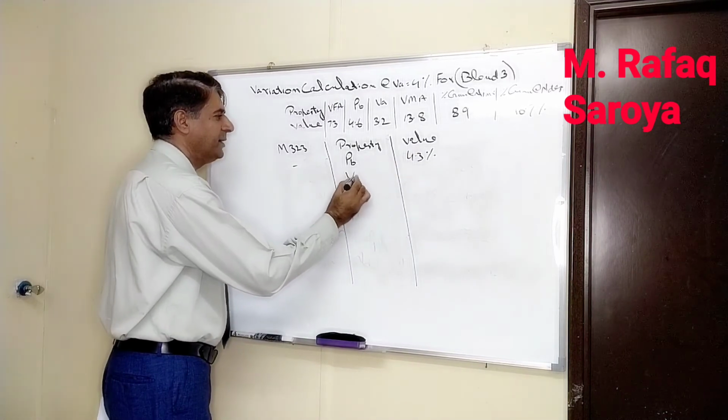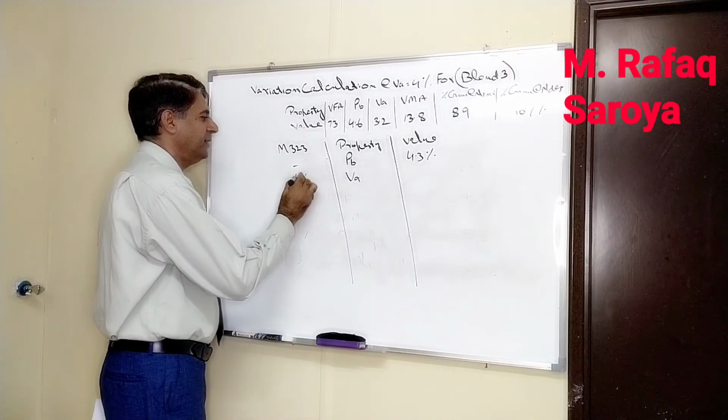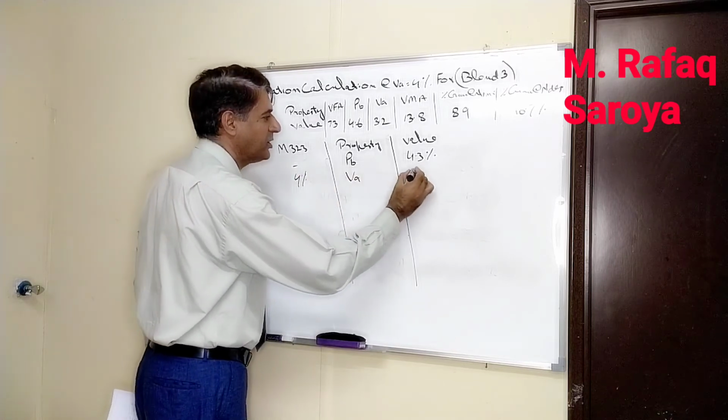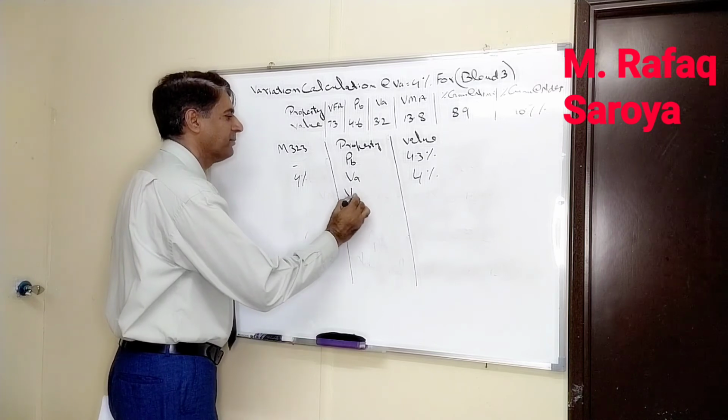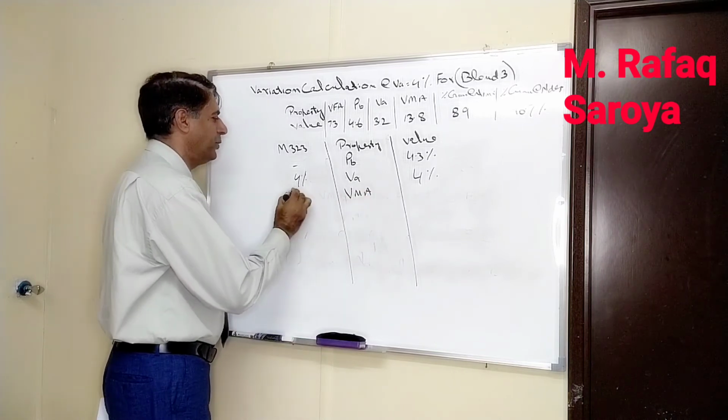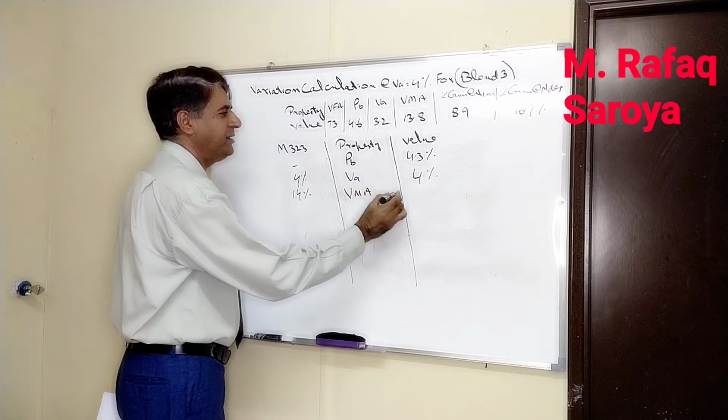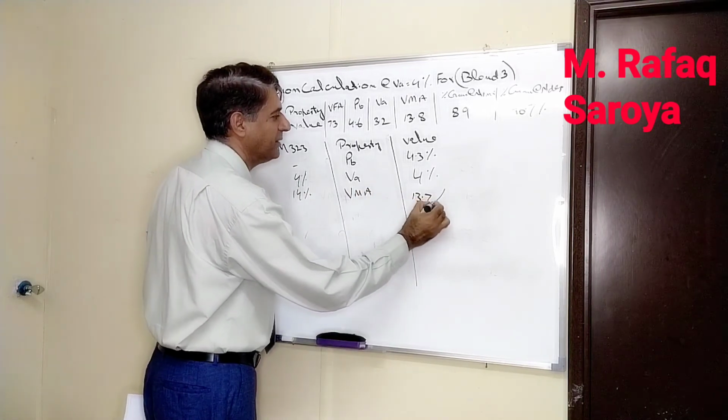This VA specification says 4%, and we are making the adjustment to 4% also. This VMA specification says 14%, and my result is 13.7%.